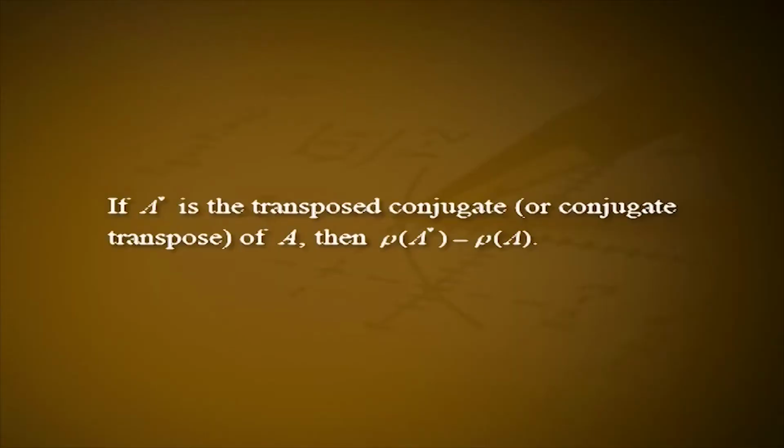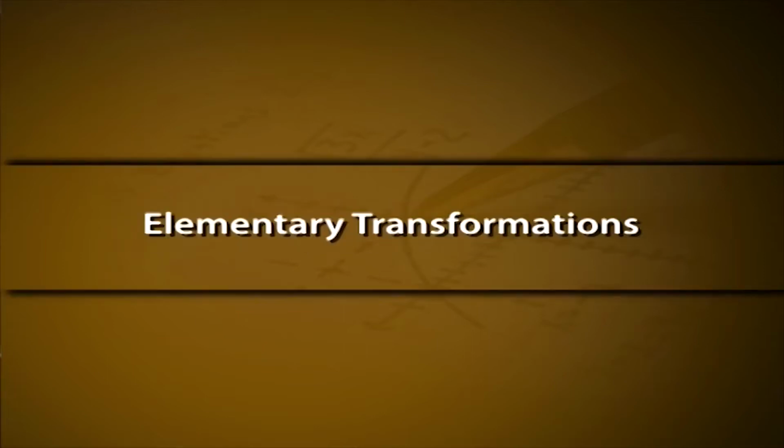Hence, by the definition of rank, we have rank of A transpose is equal to R. This completes the proof of the theorem. Next theorem: if A star is the transposed conjugate or conjugate transpose of A, then rank of A star is equal to rank of A.